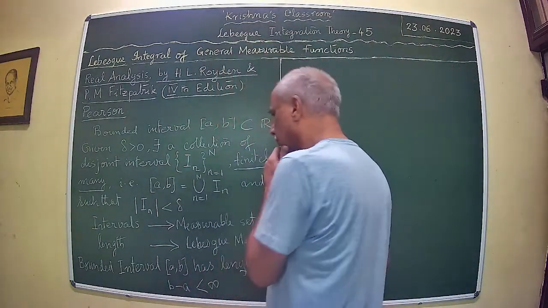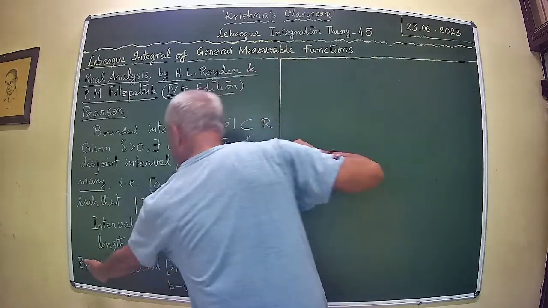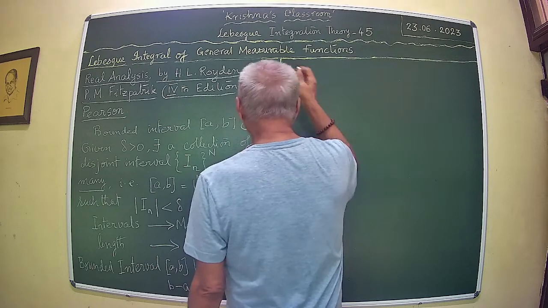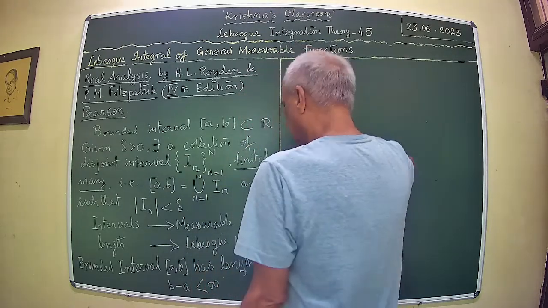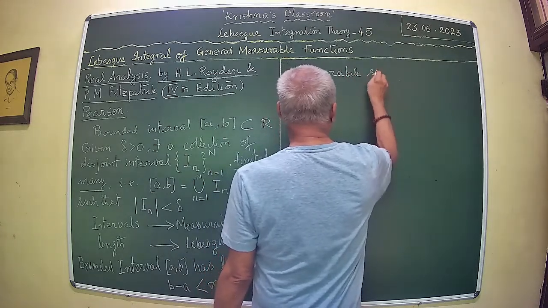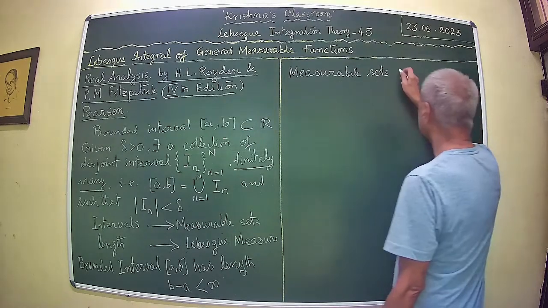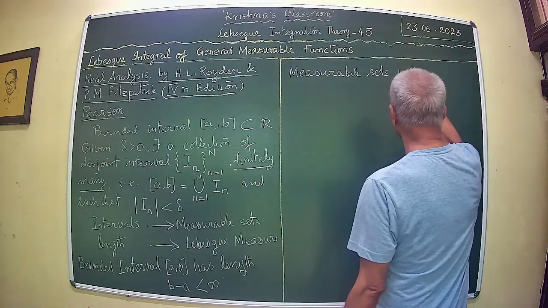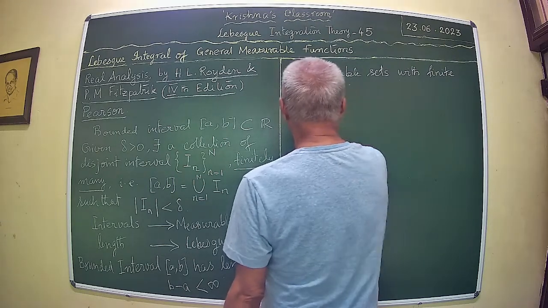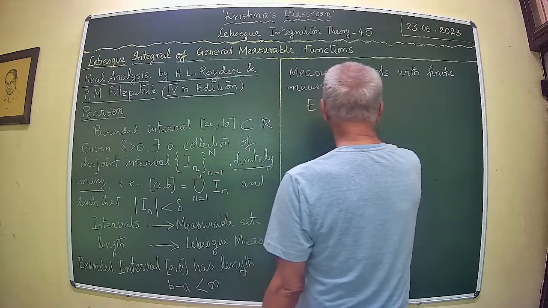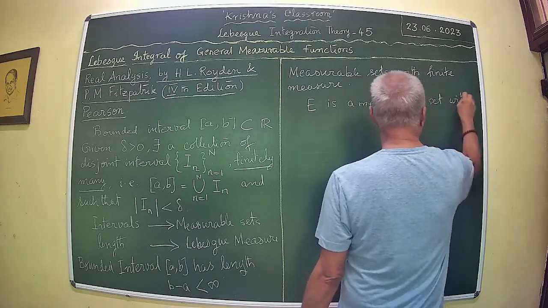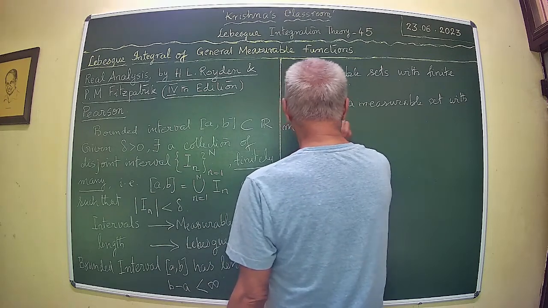And correspondingly, we don't use this bounded interval. Instead, we will use the following. We consider what are called measurable sets with finite measure. That means E is a measurable set with finite measure of E. Compare the two.